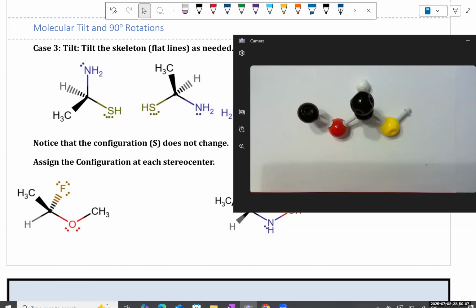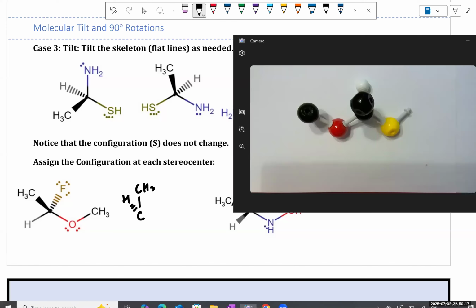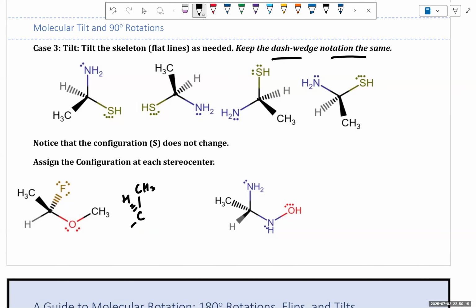We have the carbon. The methyl group is pointing up top. The hydrogen is in the back. And we have the methoxy group on the left, the fluorine on the right. In terms of priority, it goes fluorine, oxygen, carbon, tracing from highest to lowest priority.